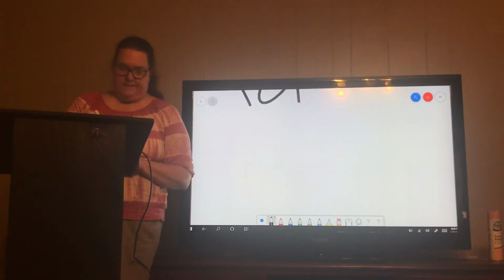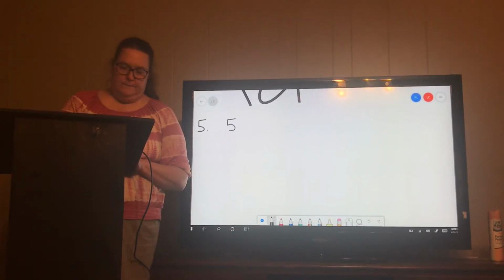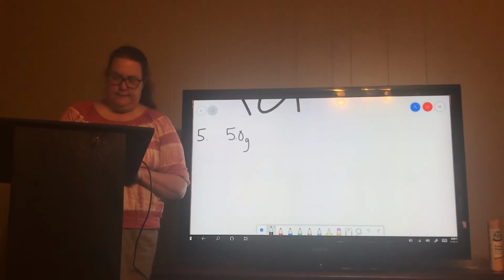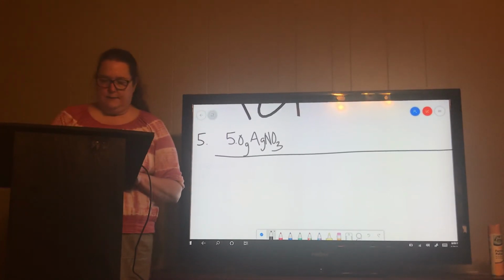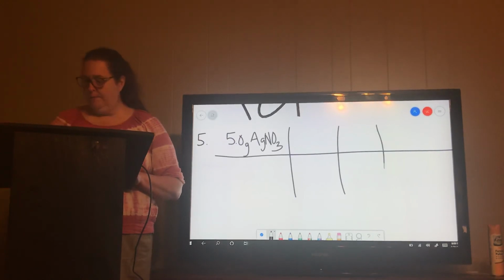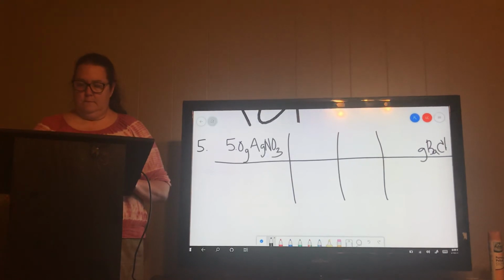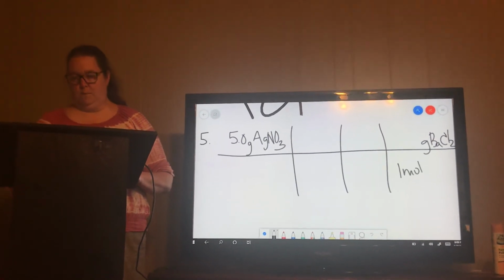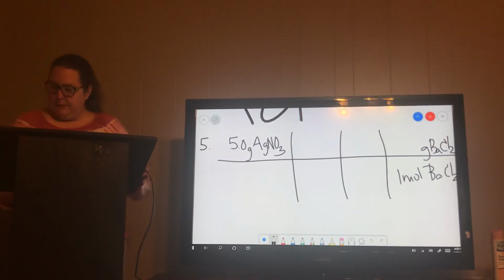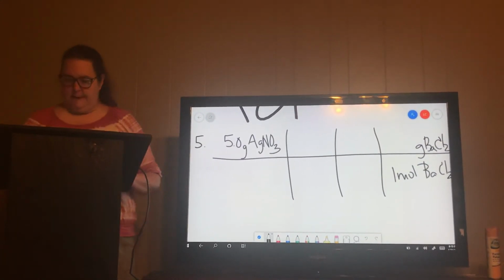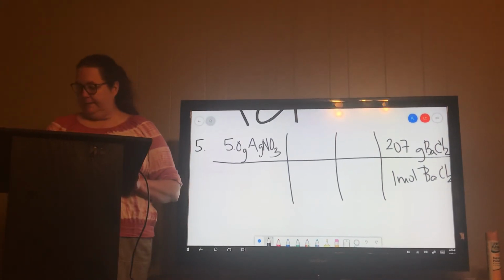So if I'm doing number 5, okay, I have 5 grams of silver nitrate again. And it's wanting me to get grams of barium chloride. So I know this is going to be 1 mole of barium chloride, and I've already done the calculations, so I know it's 207 grams. But let's get rid of the grams of silver nitrate first.